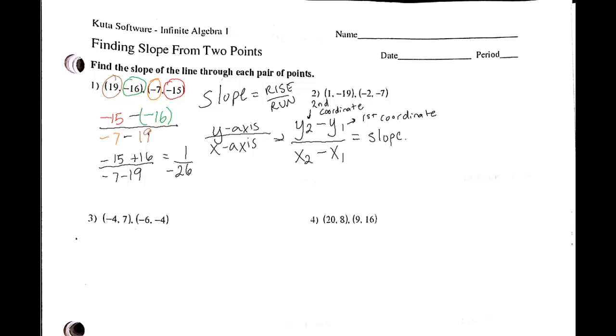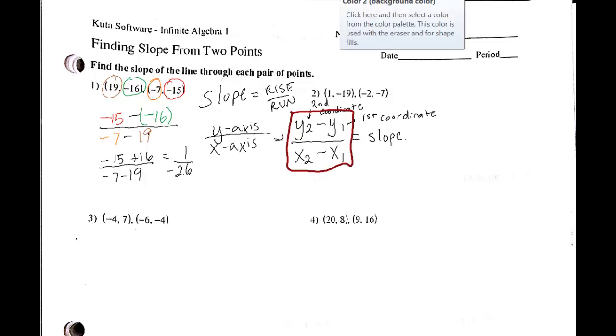So again, I'm going to be doing the y2 minus y1 over x2 minus x1. You'll have to excuse me for a second. There we go. Alright, so let's take a look. What I like to do sometimes when I'm having trouble figuring out what's the y2 and the y1, I just label it.